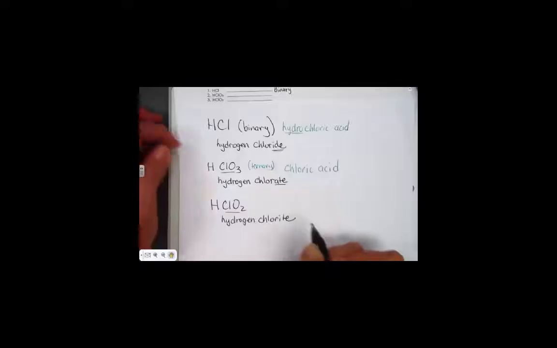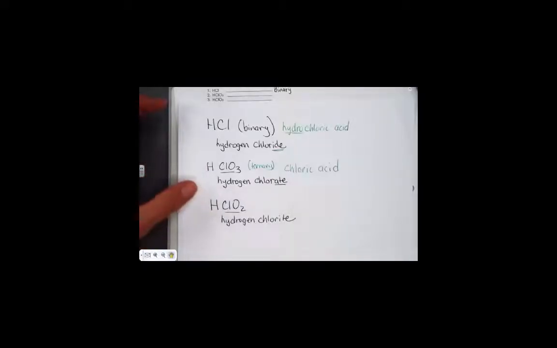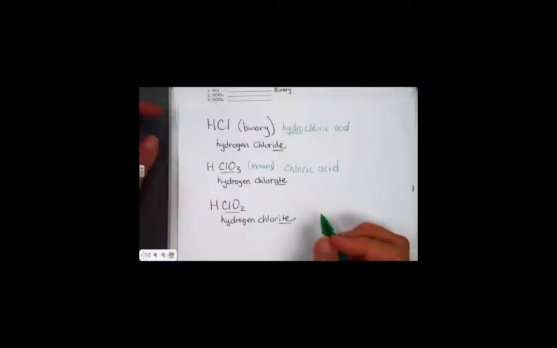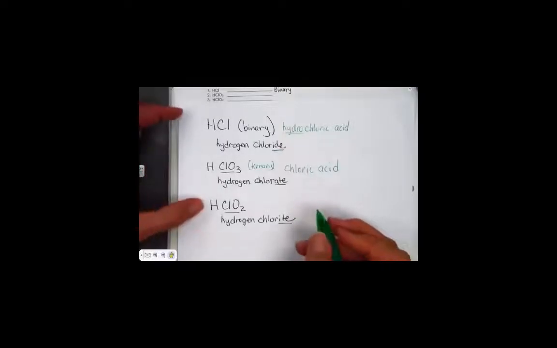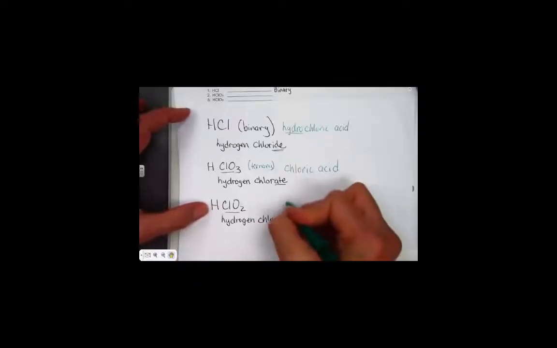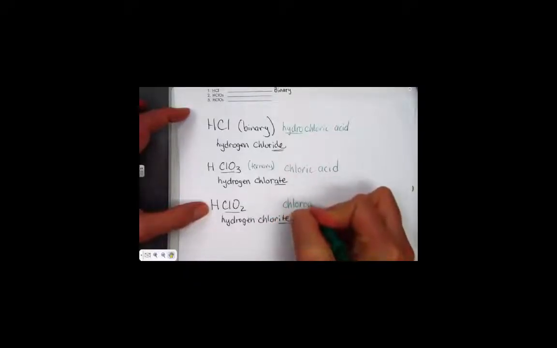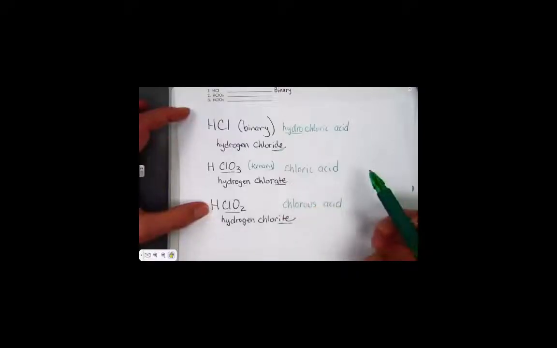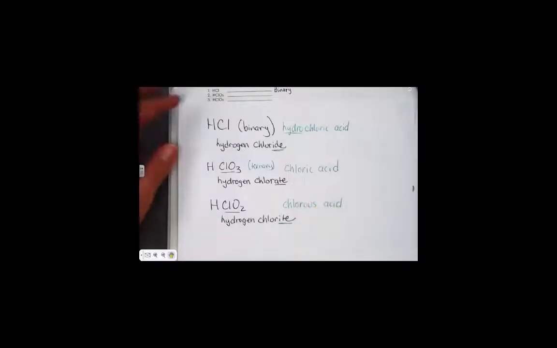Now let's say it as an acid. Acids always start with H, but when ite is the original last name, it simply gets changed to OUS, us. Hydrogen chlorite, named as an acid, is called chlorous acid. Chlorous acid, HClO2.